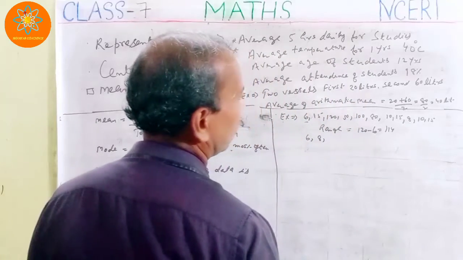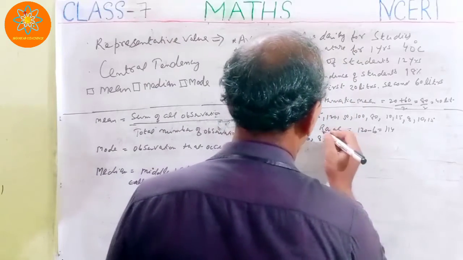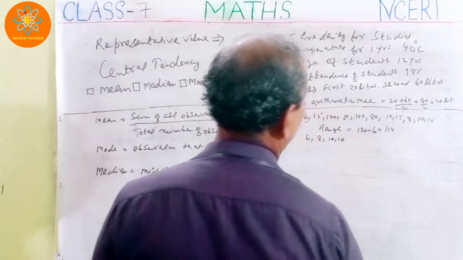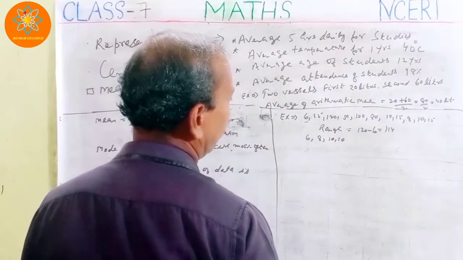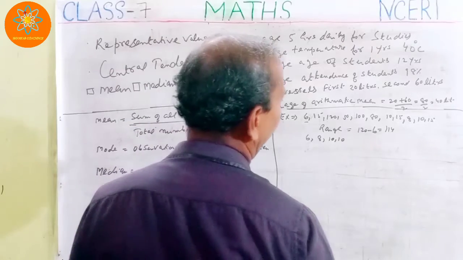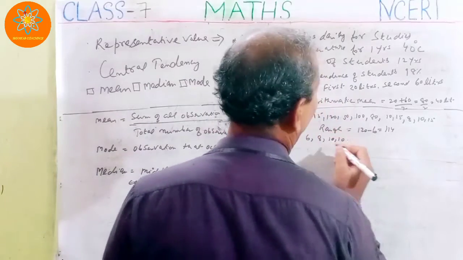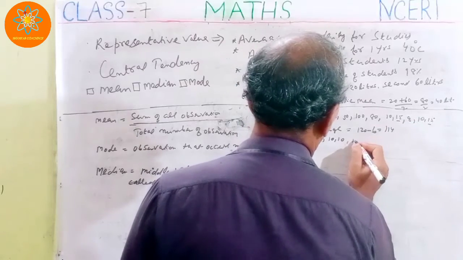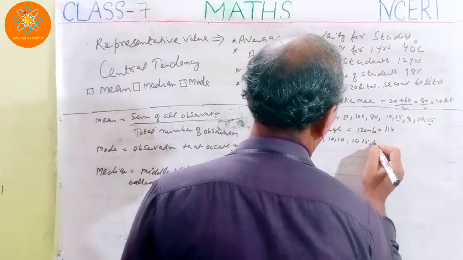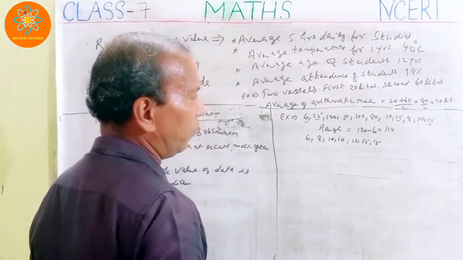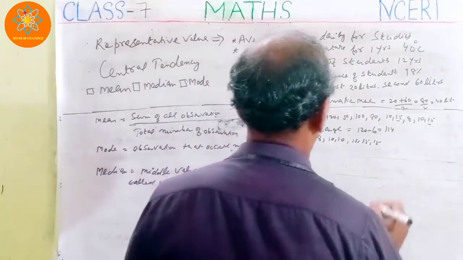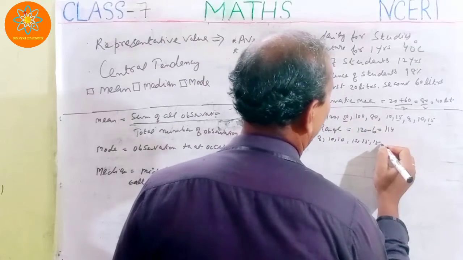After 8, we have 10, two tens. After 10, the next one is 15, so 3 times 15. After 15, we have 50.